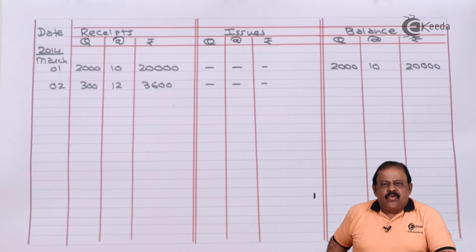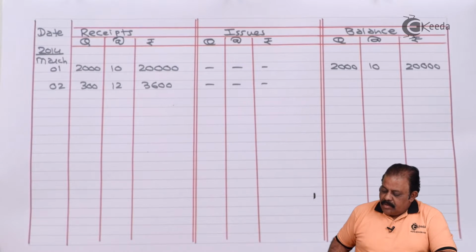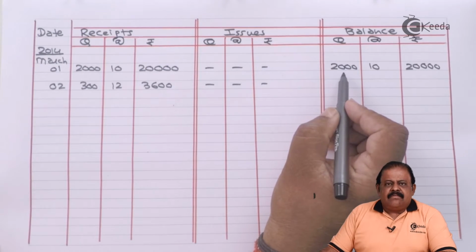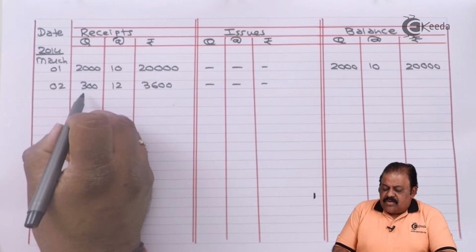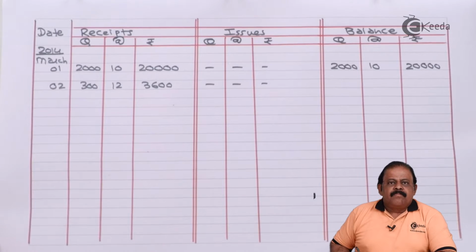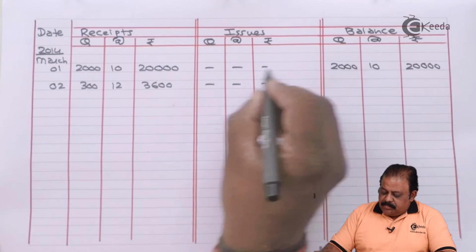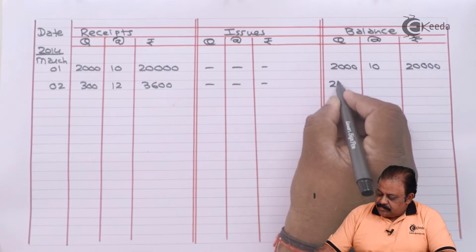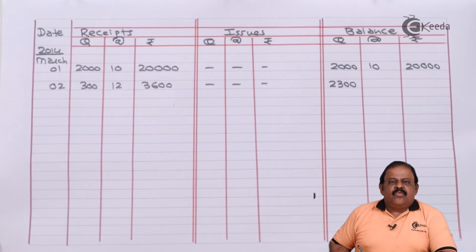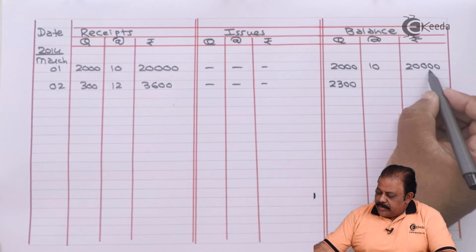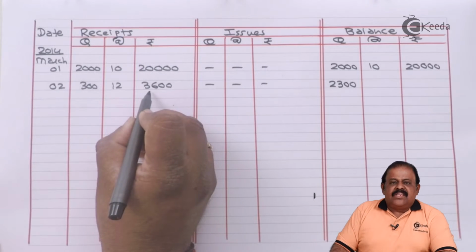Now while recording closing stock, already we had 2000 units. Now fresh purchase is of 300 units. So both the units will be added, 2000 plus 300. Similarly, we will be adding the value 20,000 and 3,600.